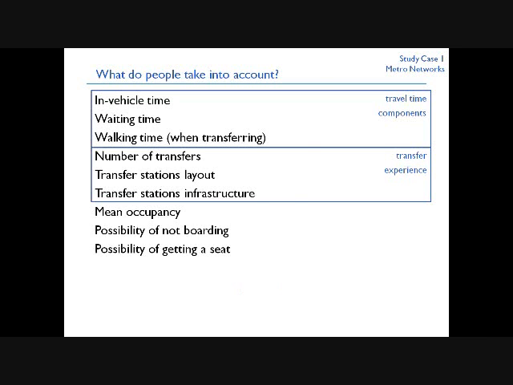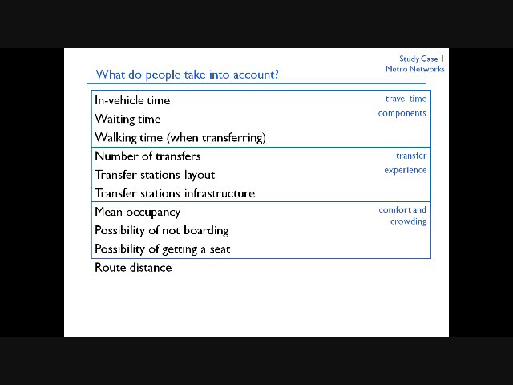And on the other hand, maybe there's a possibility of getting a seat if the trains are not that crowded. In London, if the occupancy at the initial station is 25% or lower, maybe there's a chance of getting a seat. And in Santiago, the threshold is 15% of occupancy. And these three have to do with comfort and crowding.